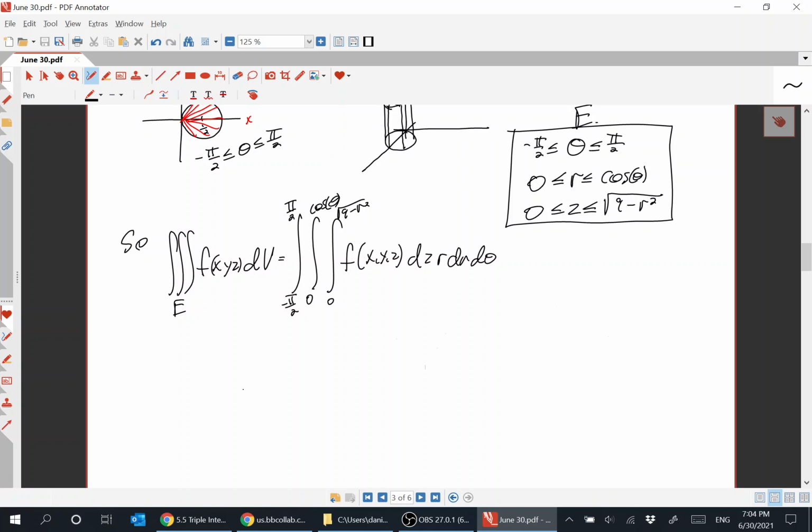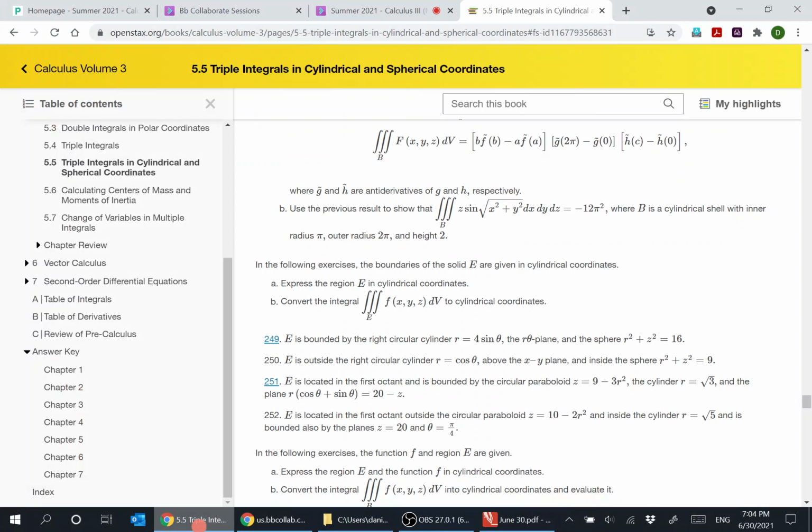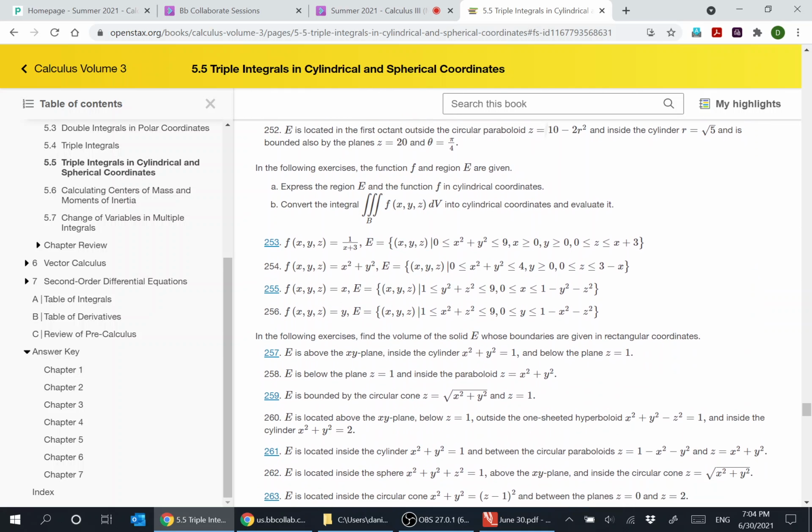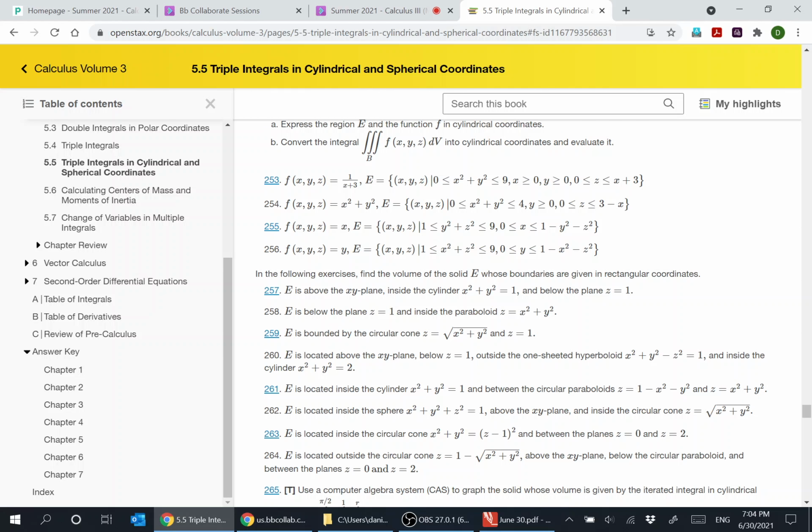So it was 258. In the following exercises, find the volume of the solid whose boundaries are given in rectangular coordinates. So E is below the plane z equals 1 and inside the paraboloid z equals x squared plus y squared. That's a pretty easy one.